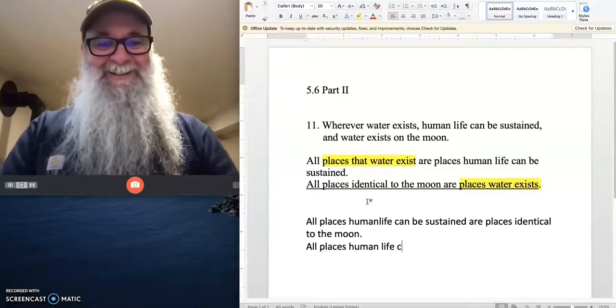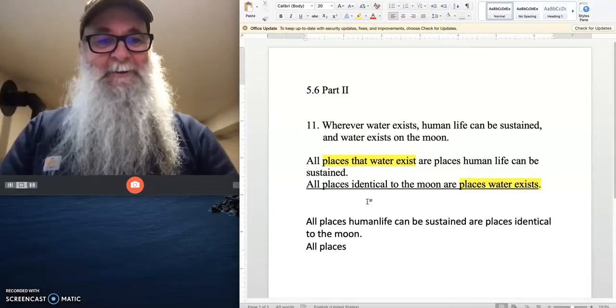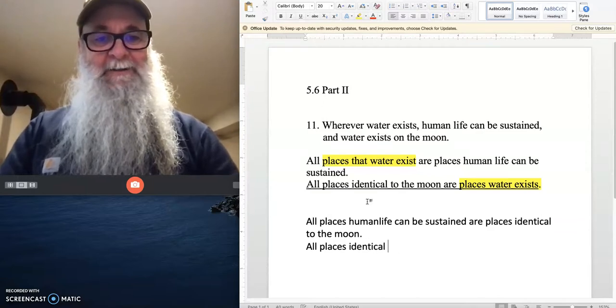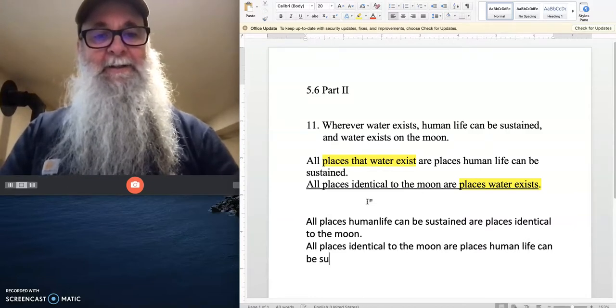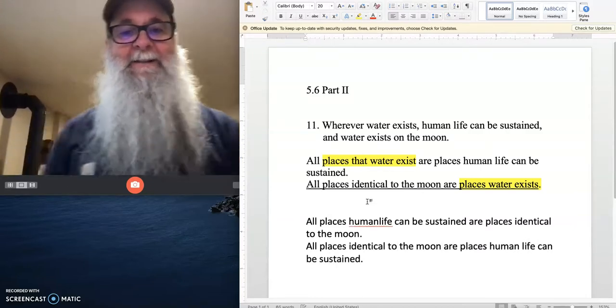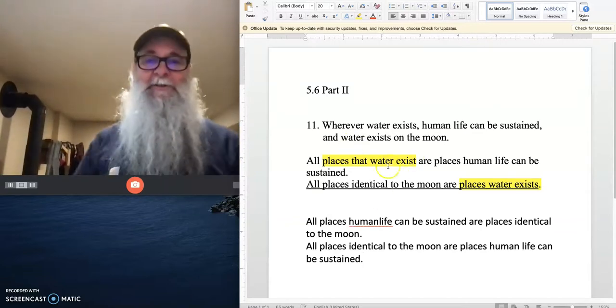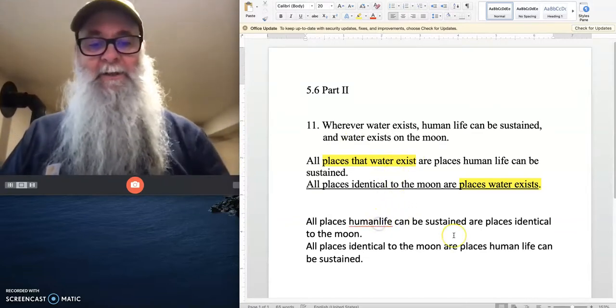All places identical to the moon... Oh boy, see, this is what happens when you do it in real time. All places identical to the moon are places human life can be sustained. All right, which one of those do you think it is? It has to be one or the other.